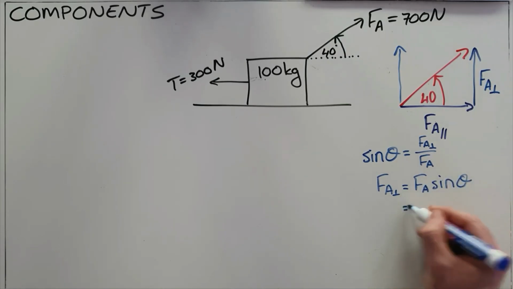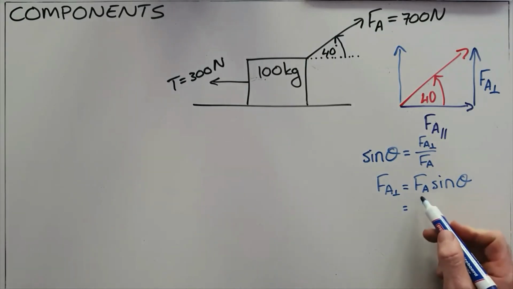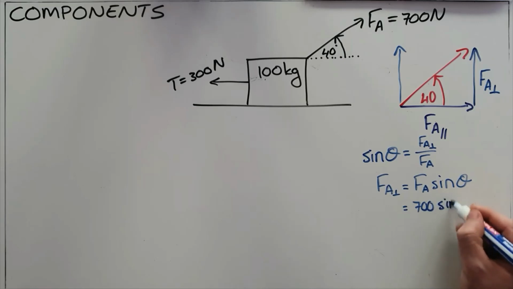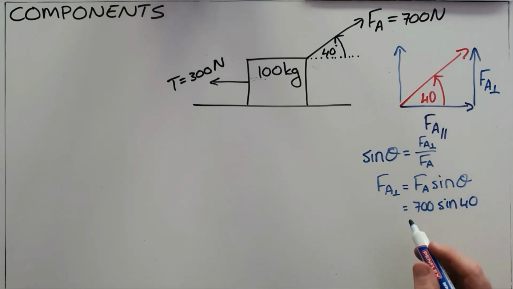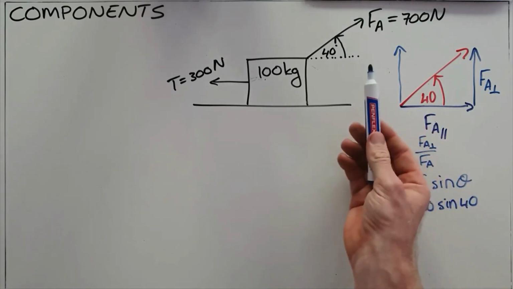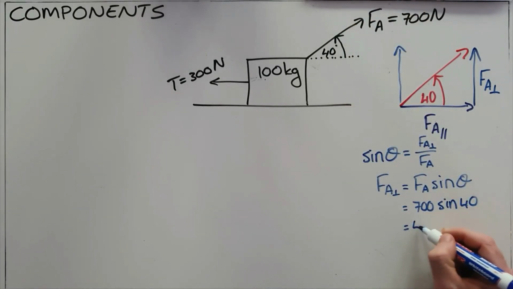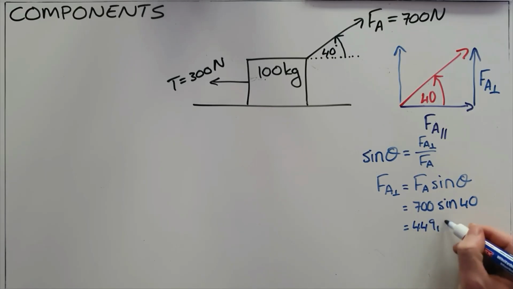We can then substitute those values. FA was given as 700 newtons and theta was given as 40 degrees, which means that the component of FA that is lifting this object upward is 449.95 newtons, and that is an upward force.